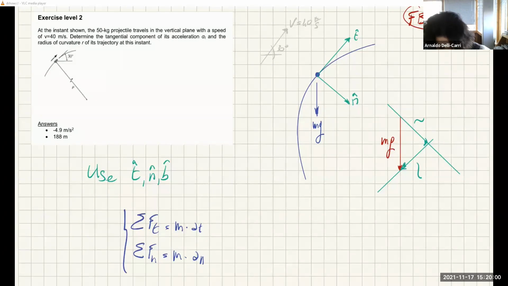Now, the angle is 30 degrees. We just have to find if it's this angle here or this angle here. So where is my 30 degrees? Of course, this one is 30 degrees. 30 degrees is made by t and the horizontal. This is vertical, so it's made by mg and n. So this is my 30 degrees.